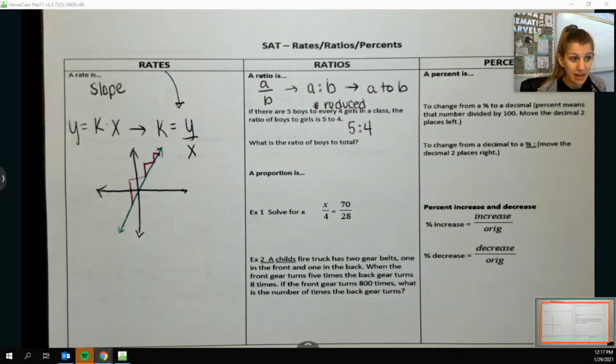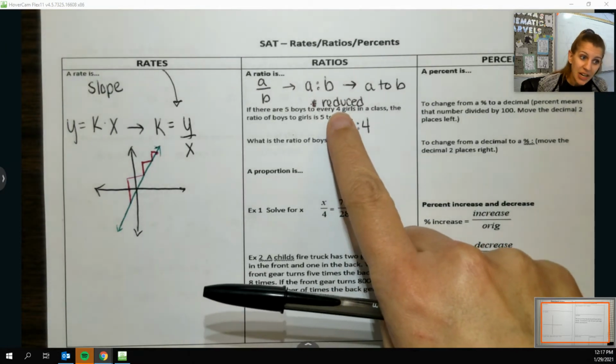So again, if I know the ratio of boys to girls is 5 to 4, and there are 32 people total in the class, this ratio wouldn't work. But I could do 5 times x plus 4 times x equals 32 to find the total amount of actual boys and girls in the class, because that x represents this reduced out factor that I don't know.